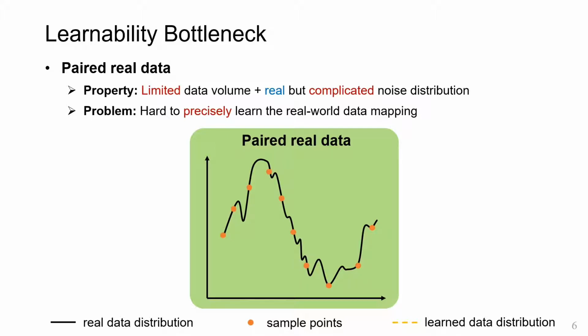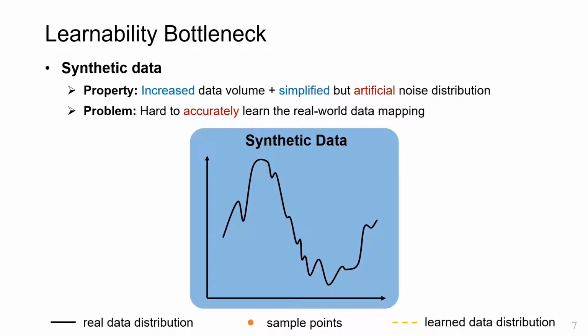However, due to the limited data volume and the real but complicated noise distribution, real-world data mapping is hard to precisely learn. We expect synthetic data with increased data volume can be used to learn precise data mapping. However, since the artificial noise distribution is always different from the real noise distribution, real-world data mapping is hard to accurately learn.